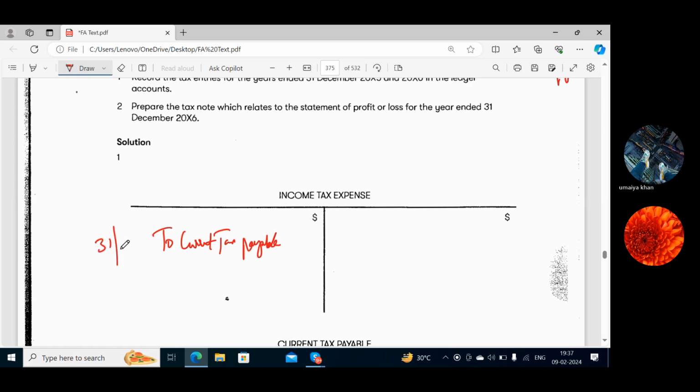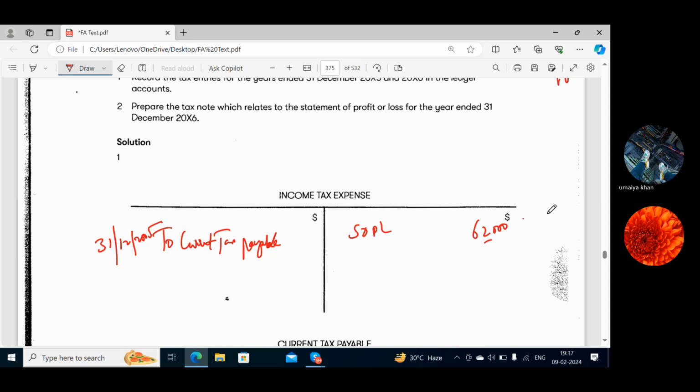That is on 31st/12/2005. Okay. Anything else for 31st/12/2005? Anything is there? No. So this particular will be transferred to P&L also. Okay. So SOPL 62,000. Fine.